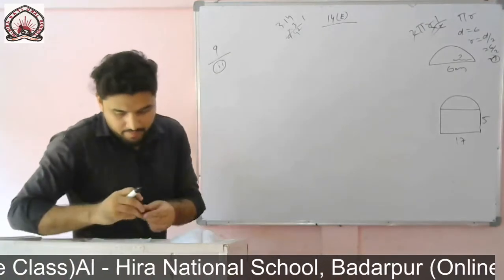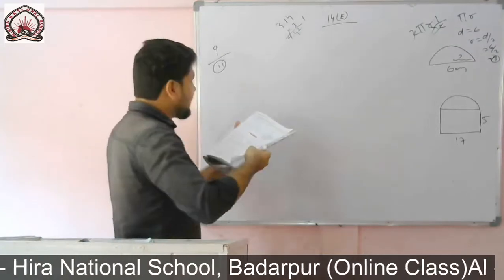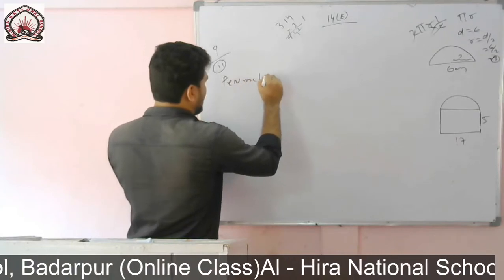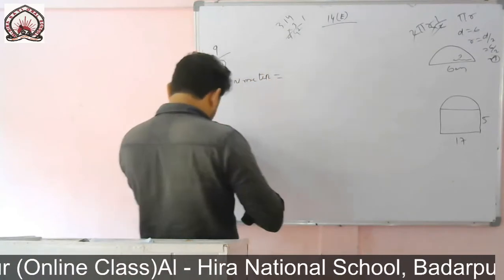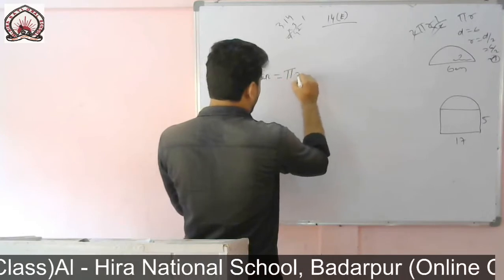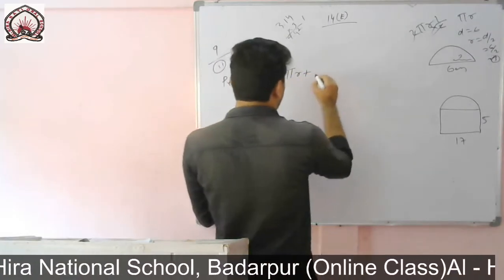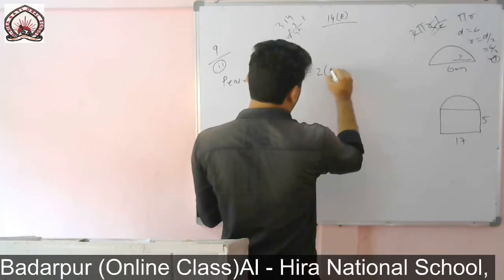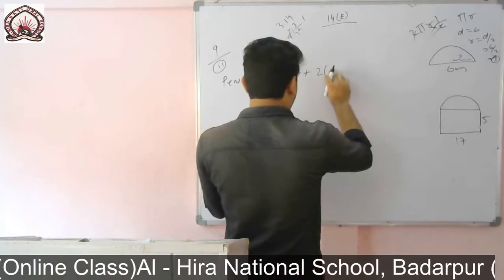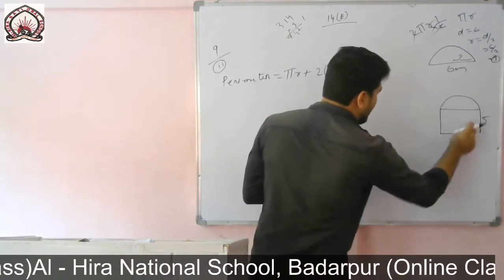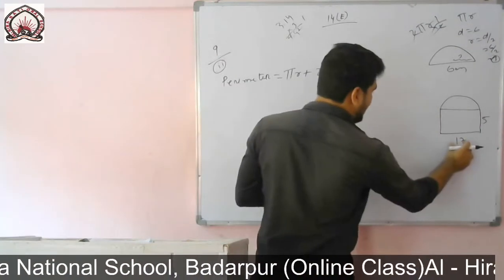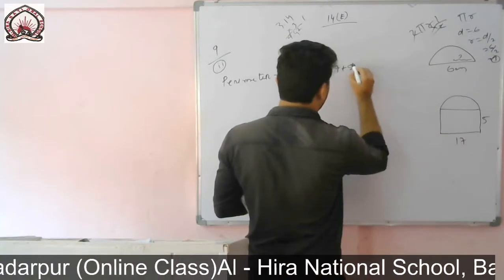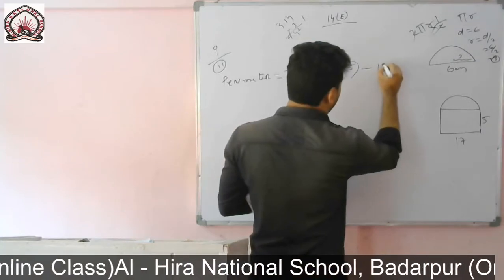See question number 2. Write directly perimeter equals pi r plus 2 into length, plus breadth, minus 17.